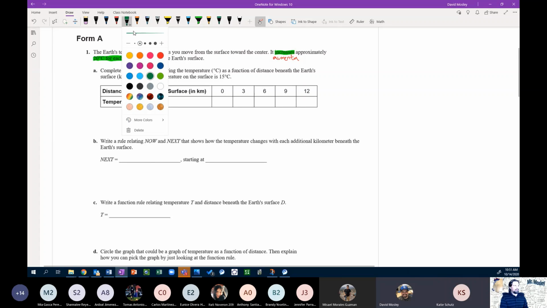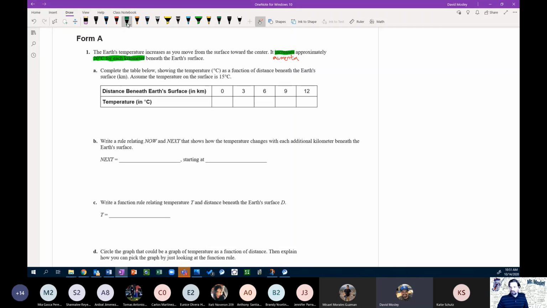Daniel says he can't see your screen, but I can see it. It might just need to catch up. Okay. Add, yes, Shanley says add. Right, so increase, you're adding. Right, and this says we add 20 degrees Celsius for each kilometer.